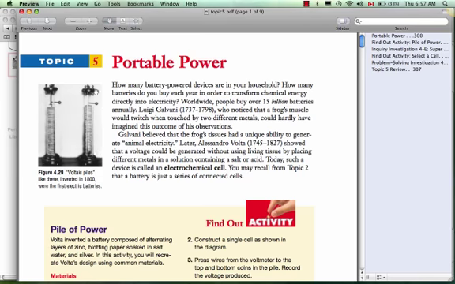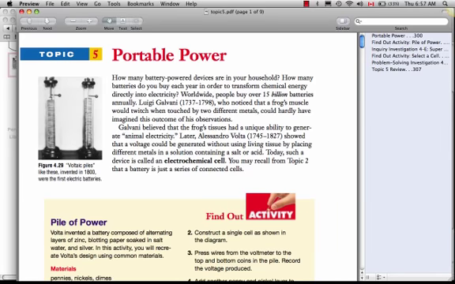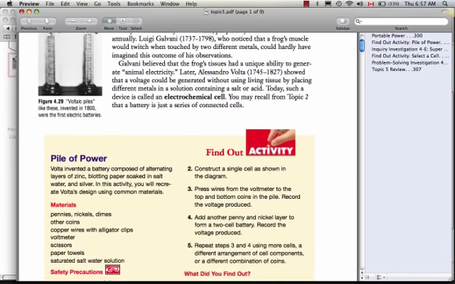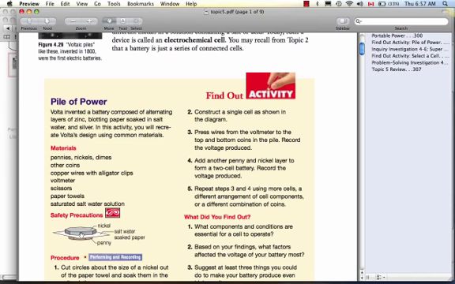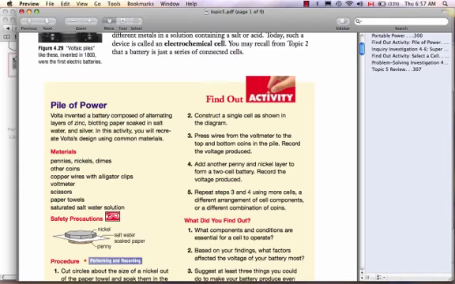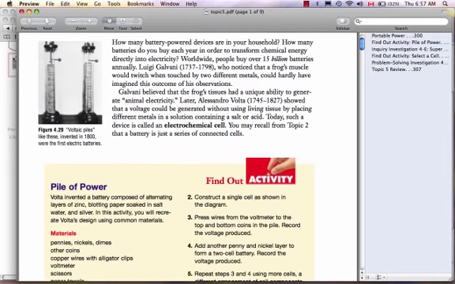Then he would hook up wires here, and he found out that these voltaic piles actually conducted electricity. So here's what it looked like. He had two different coins, a penny and a nickel, and a saltwater solution paper. If you keep stacking up these voltaic piles, you can get a very makeshift battery.